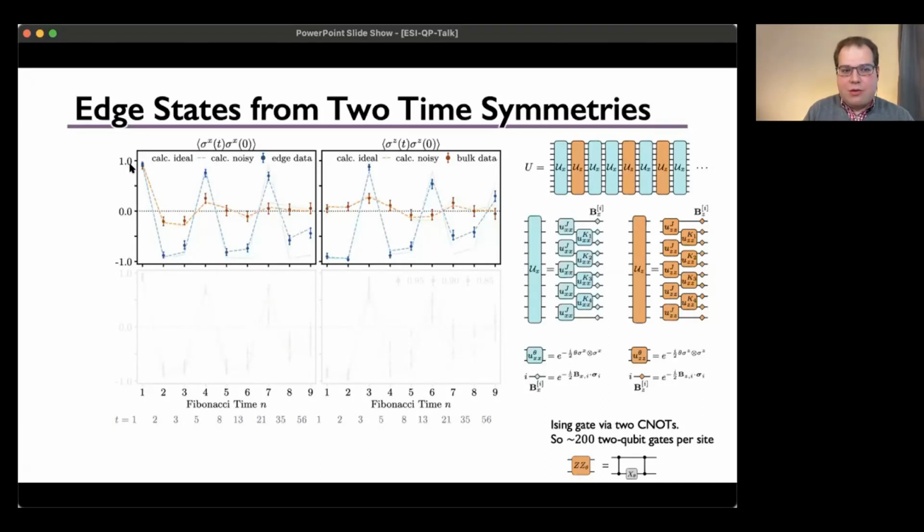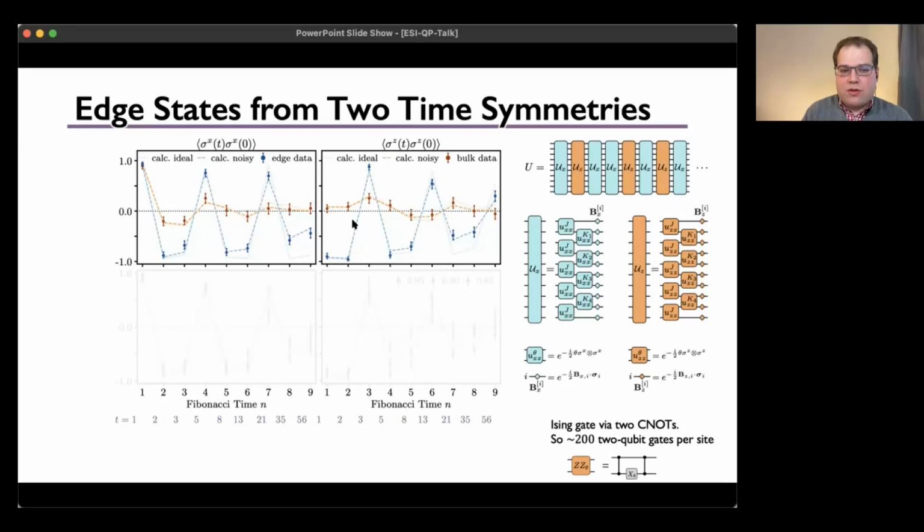Back to the physics. What we see is this orange dashed line is the simulation that we have for the system with the 1 qubit and 2 qubit fidelities of the machine put in as noise. And we see that that actually very accurately describes the system, and the bulk decays basically to some featureless state very quickly.